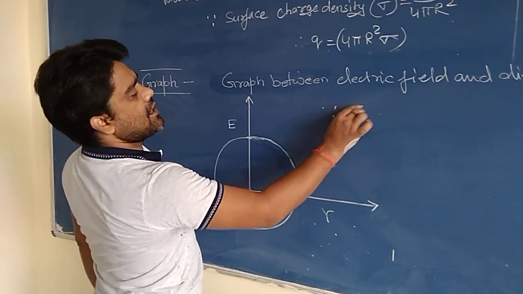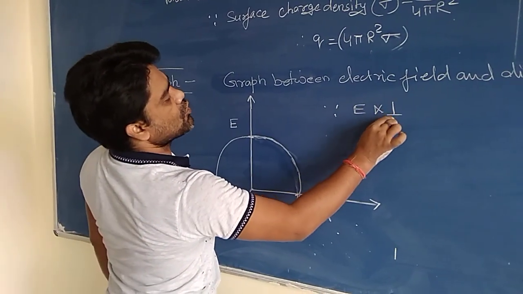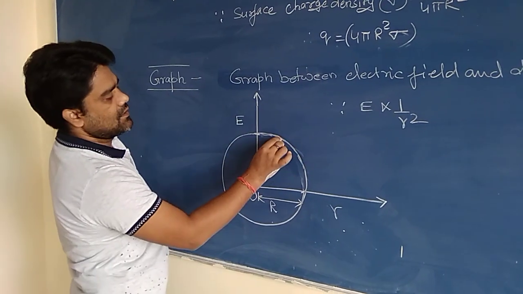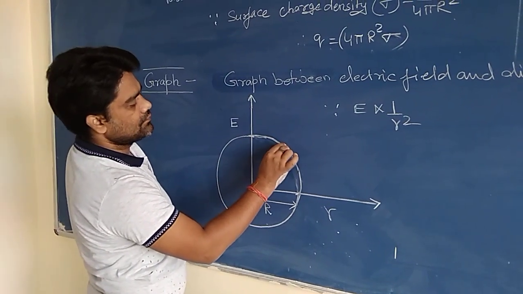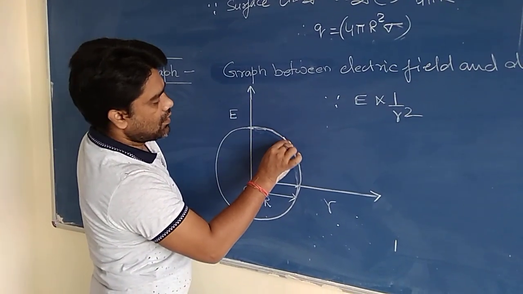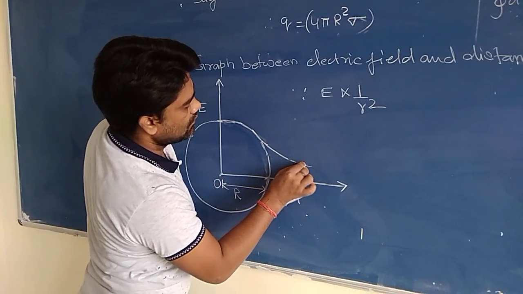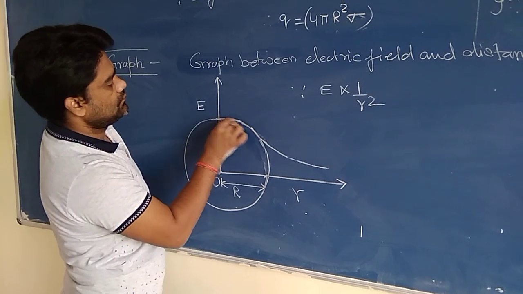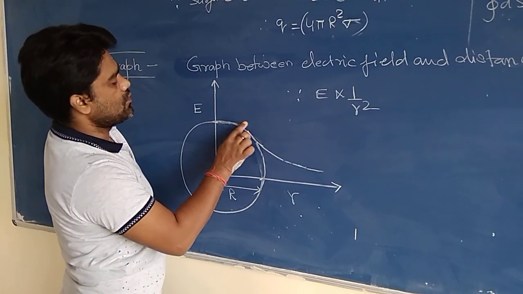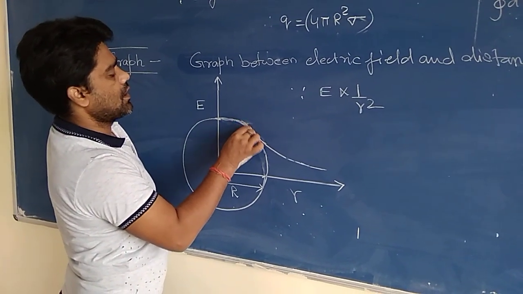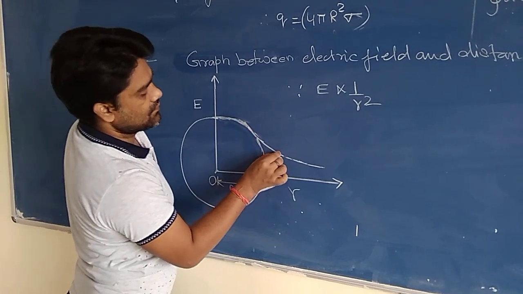Since E is inversely proportional to r square, you can draw a graph like this.